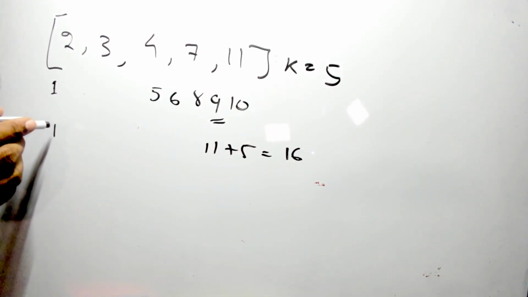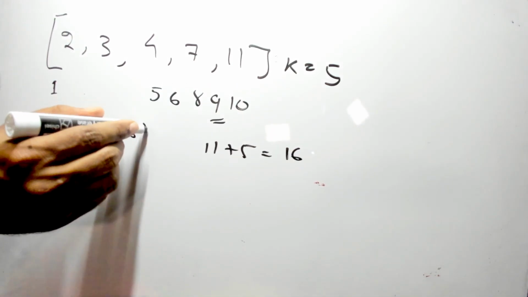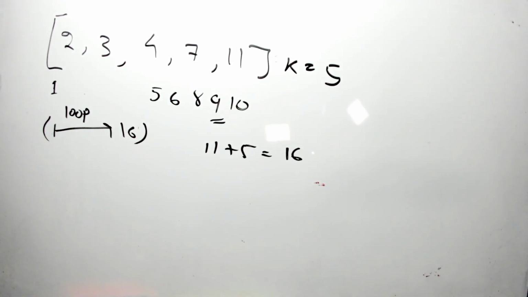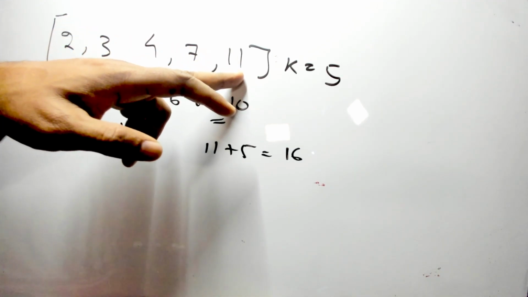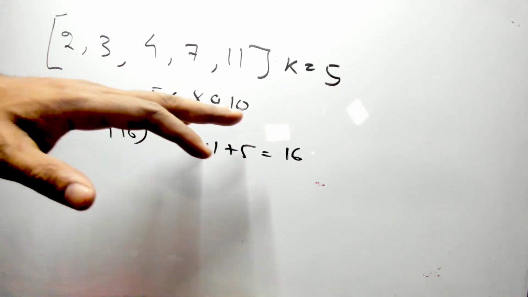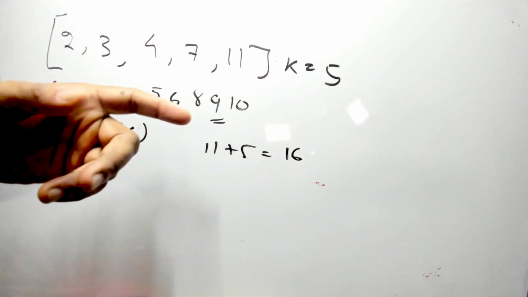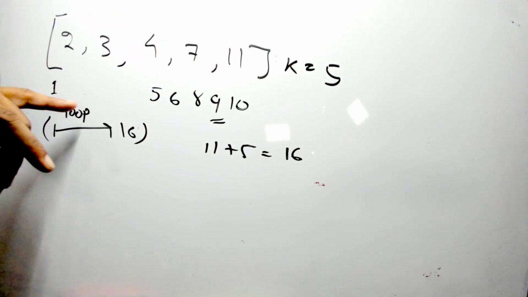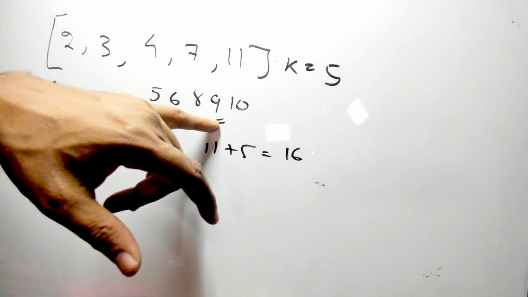So we're going to loop through from 1 to 16. Why 16? It is possible that k may be more than, for example here, k is fifth, so we get 9.